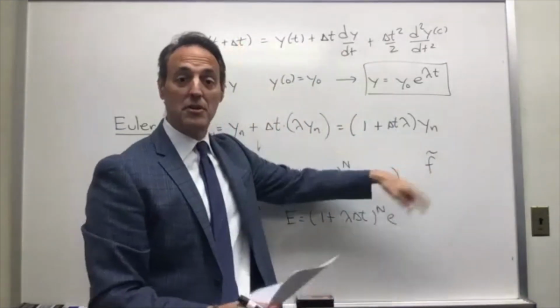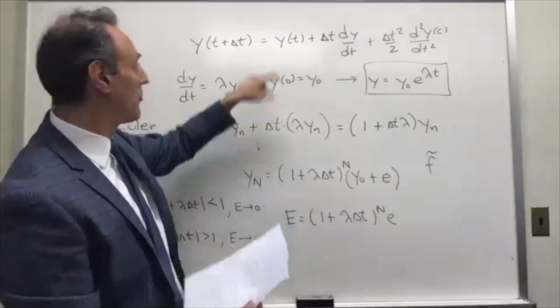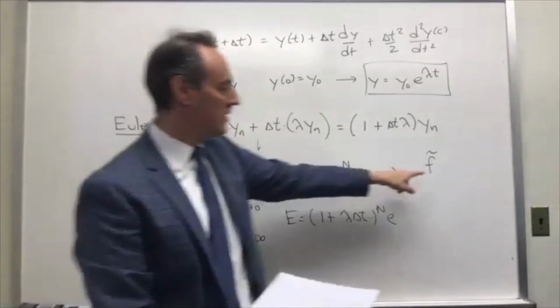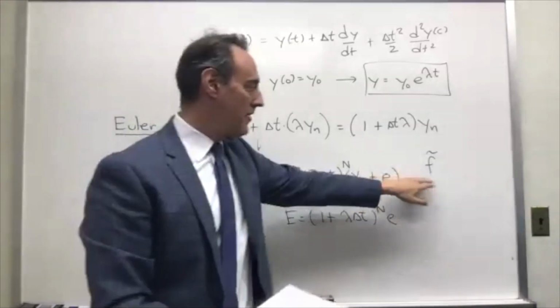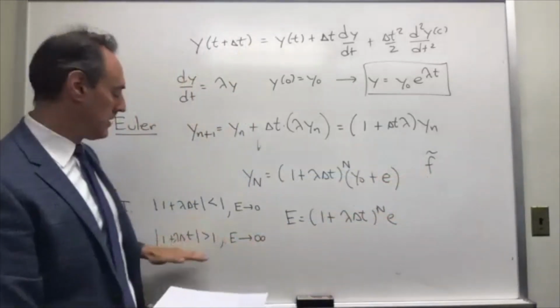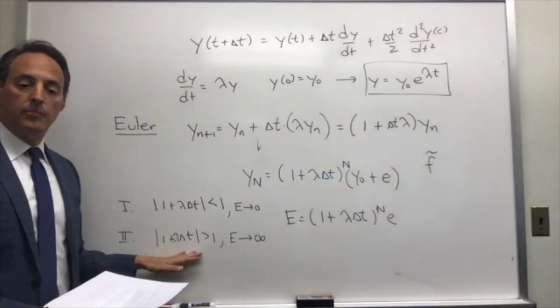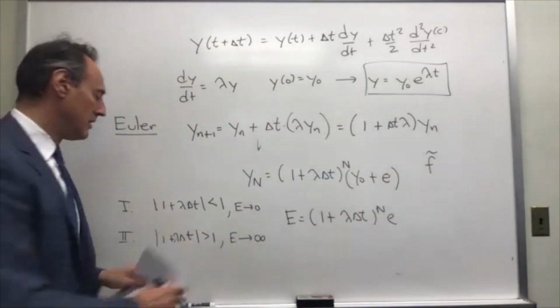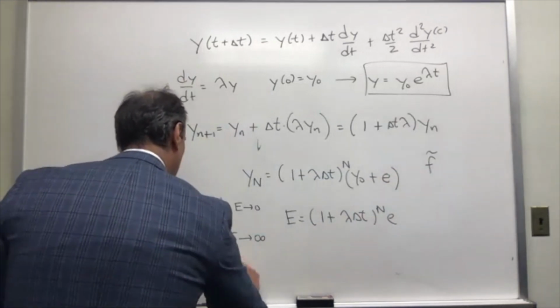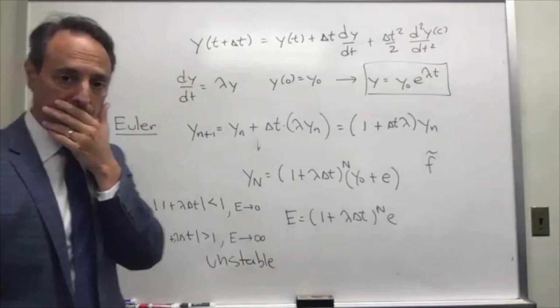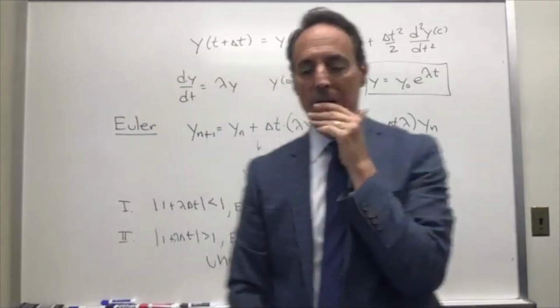Remember, F tilde is an approximation to F, which is supposed to be the actual solution to this. And when you apply this algorithm, which is an approximation to it, notice what happens in this case here. You go to infinity. Okay? So that is an unstable scheme or an unstable algorithm. Okay?